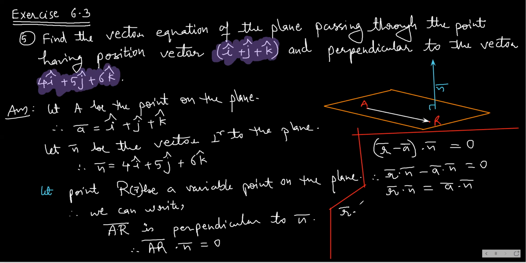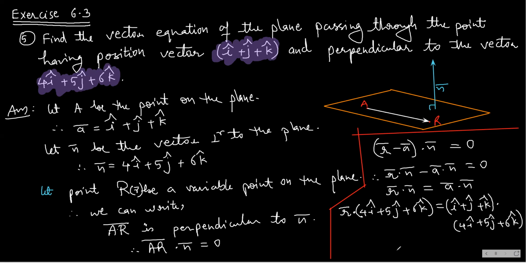R bar dot n bar. What is n bar, my dear students? n bar is 4I cap plus 5J cap plus 6K cap. And here A bar dot n bar, A bar, you know, it is I cap plus J cap plus K cap, dot n bar is 4I cap plus 5J cap plus 6K cap.